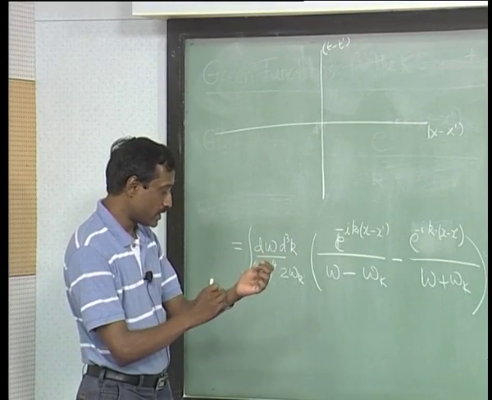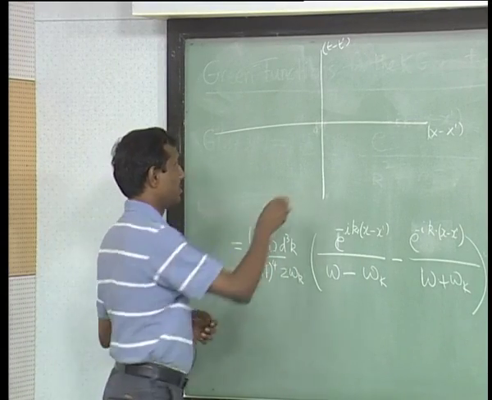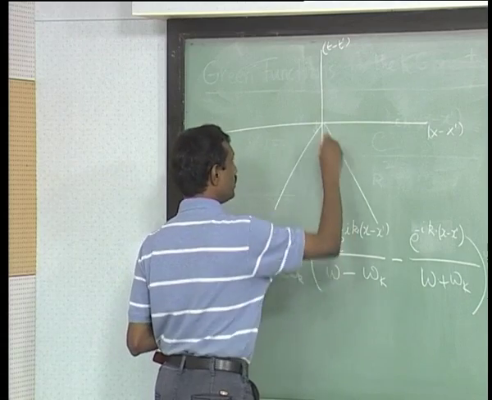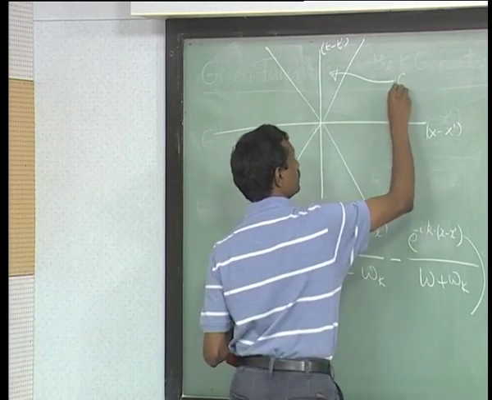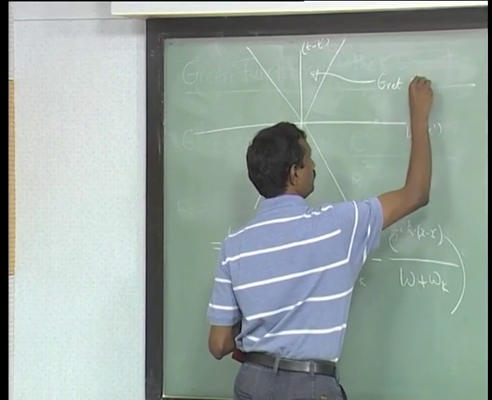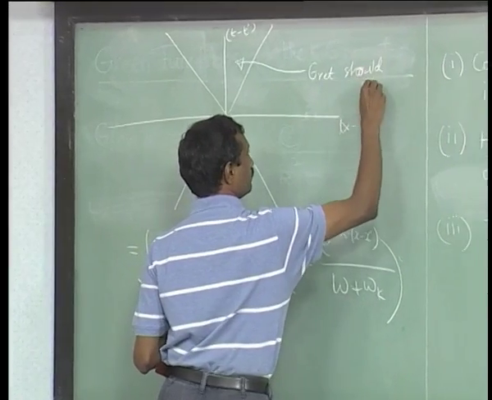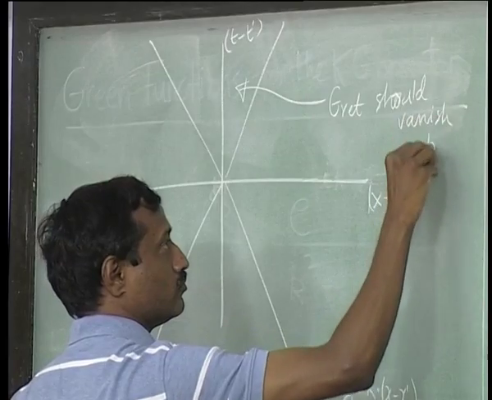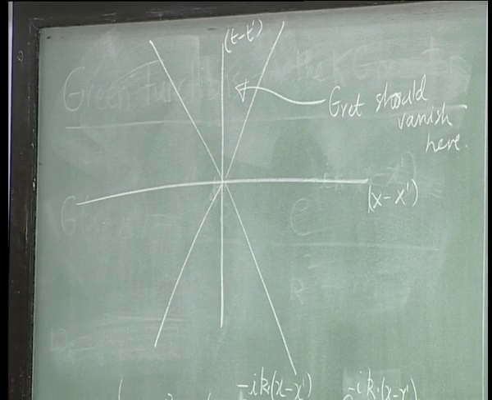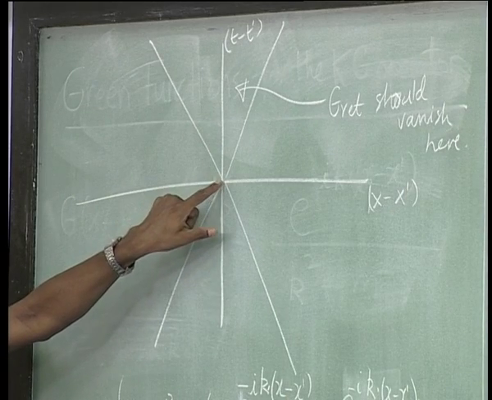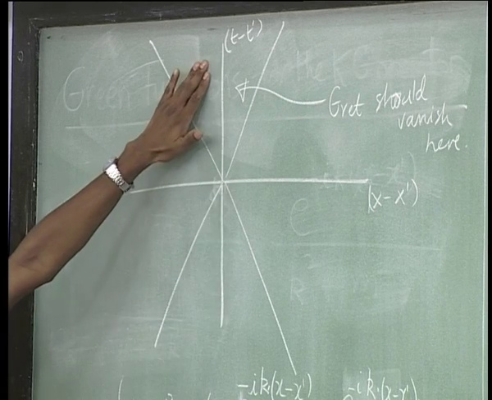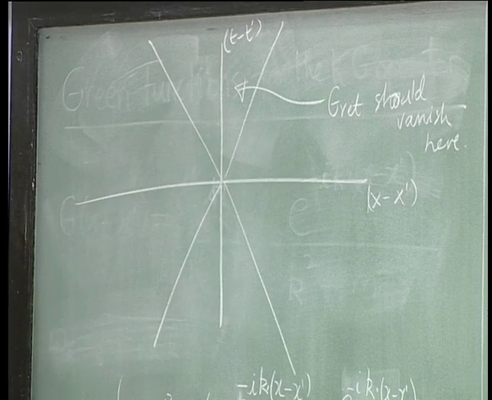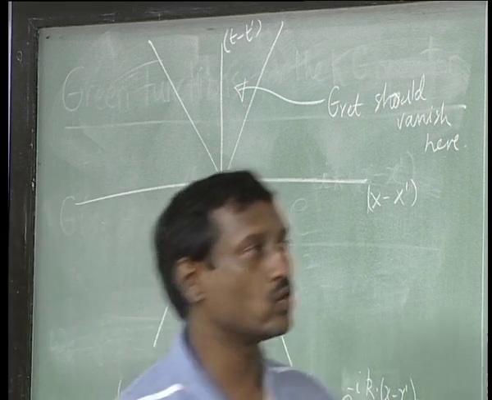So, the retarded Green function, G retarded, should vanish here. Okay. So, something out here can only be affected by things in the past. In the future, things should not be affected. So, that is what we will call G retarded should vanish.